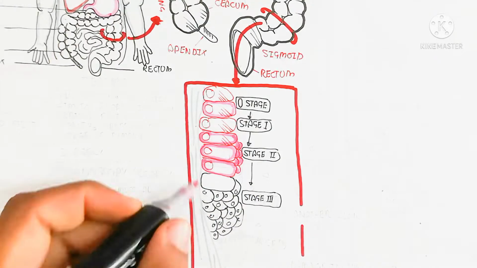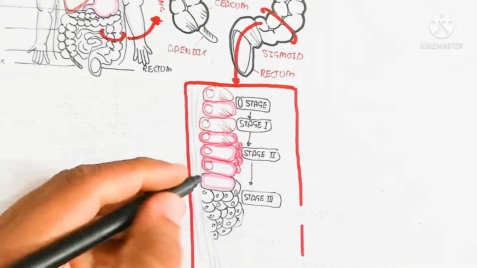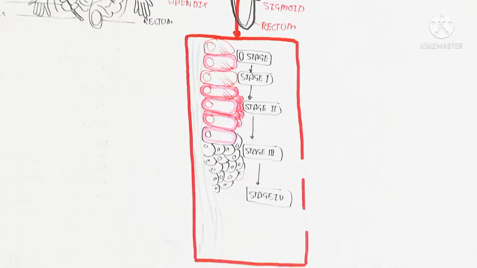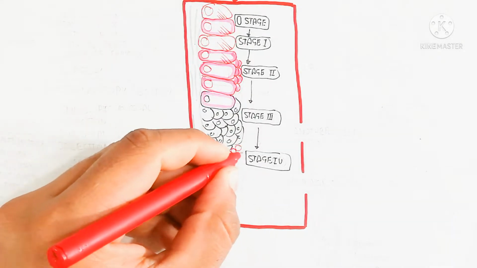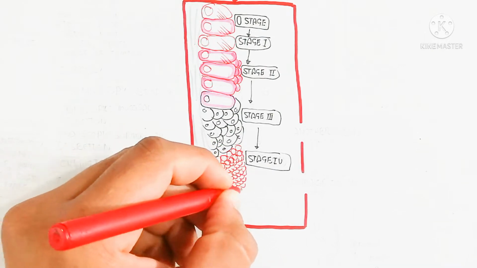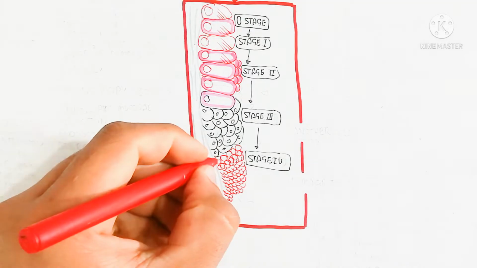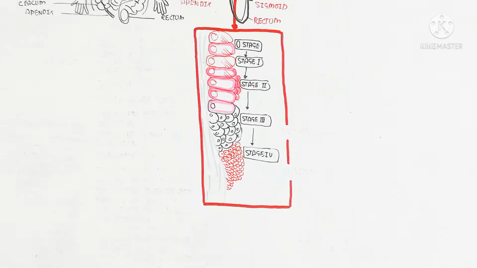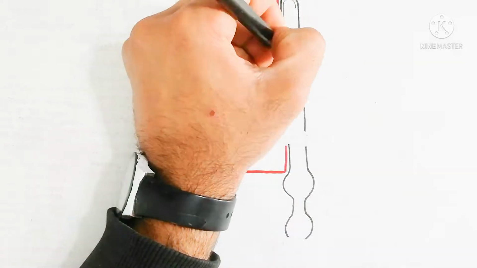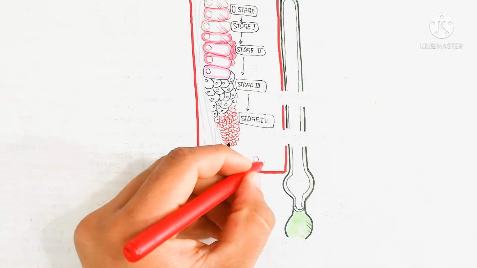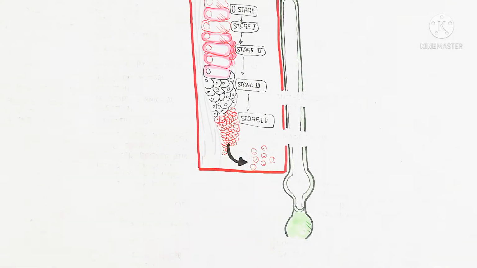Stage 2 is where the cell divides more rapidly due to growth factors as well as other factors that stimulate the production of more cells and abnormal cells due to damage of the DNA. Stage 3 to stage 4 is basically metastasis and malignancy.